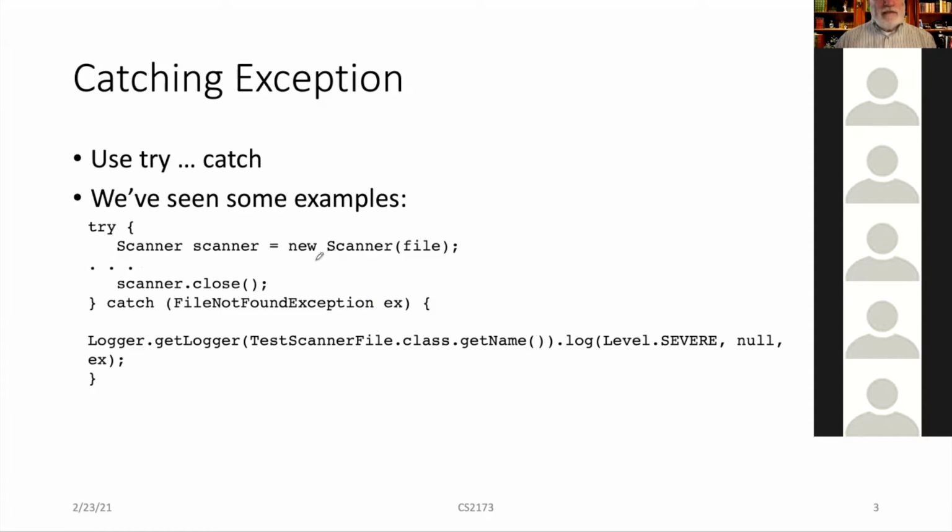When we instantiate a scanner, if you look at the code for scanner or the Java doc, you will see that it throws a file not found exception when we get a file. Why? Does that make sense? It absolutely does, because if we're asking the scanner to scan a file that doesn't exist, then anything we're doing in here to read that contents has no chance of succeeding whatsoever.